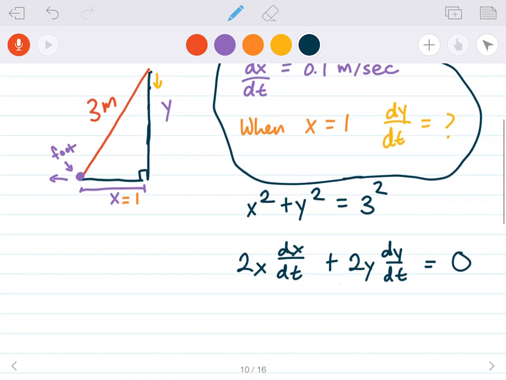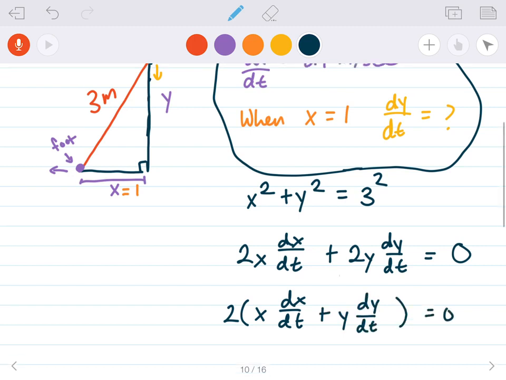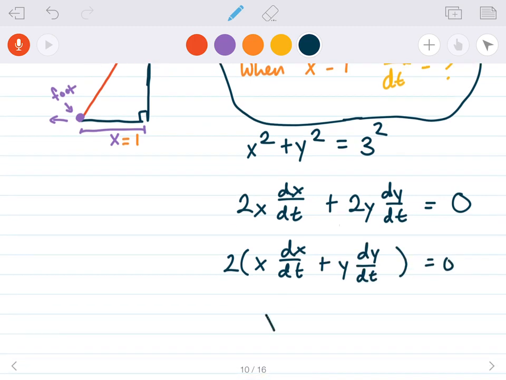And now I'm going to make this look a little bit cleaner and just pull out a 2. I'm just trying to condense this as much as I possibly can. If I divide both sides by 2, I just get x dx/dt plus y dy/dt equals 0.